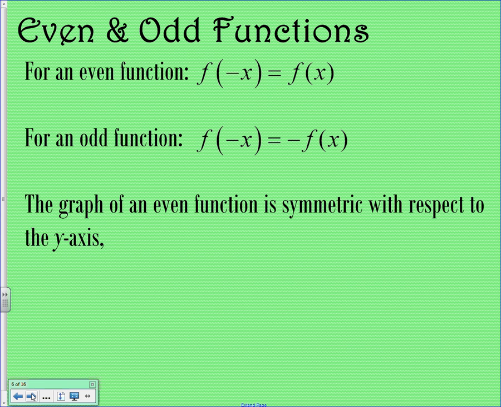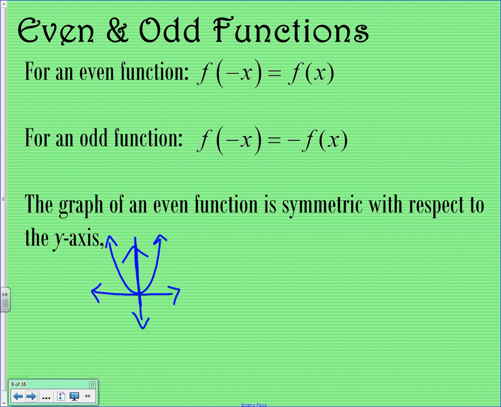The graph of an even function is going to be symmetric with respect to the y-axis. It's always going to be symmetric with respect to the y-axis. So an example of an even function, pretty basic one, is a parabola. It's symmetric about the y-axis.